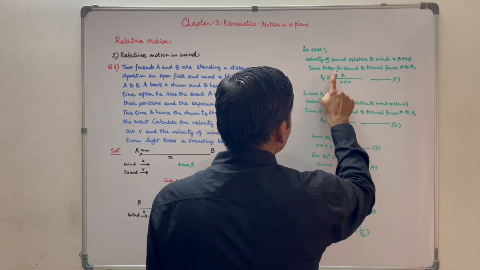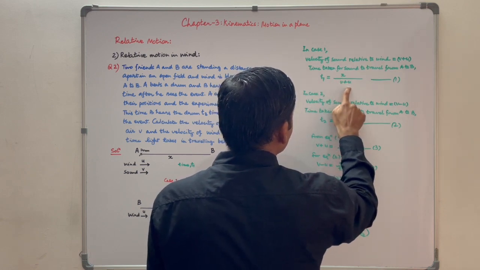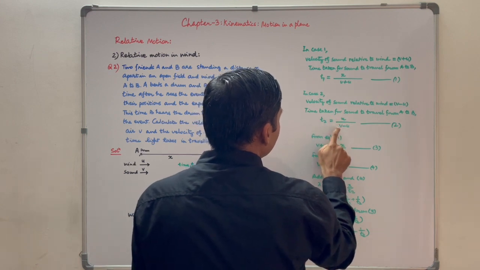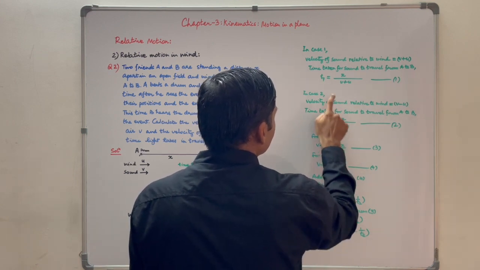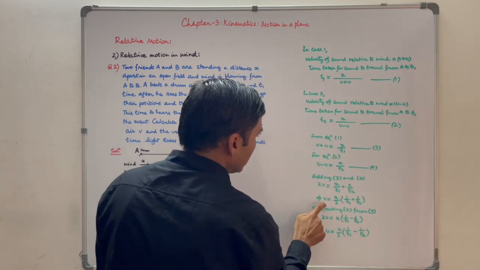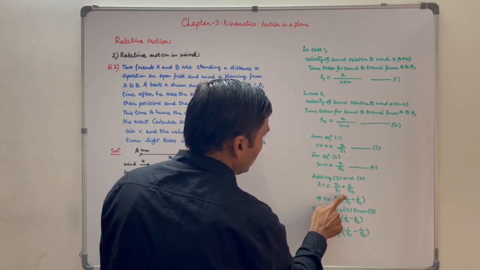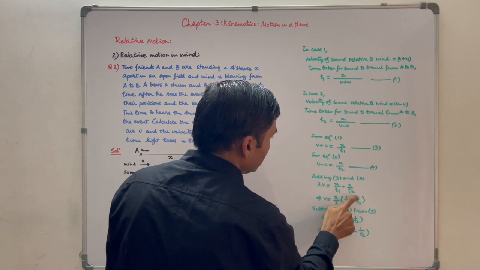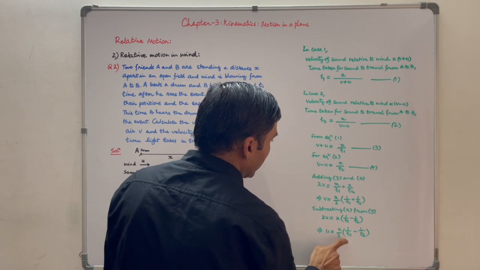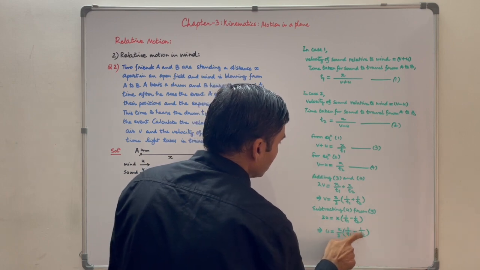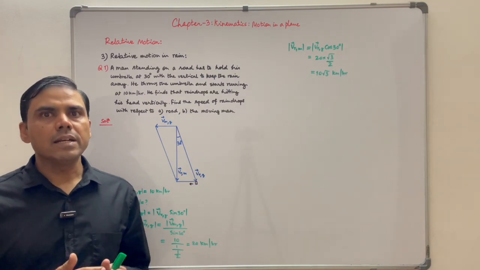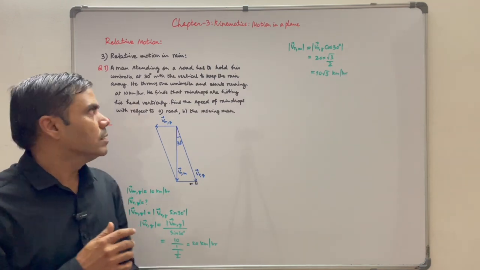So T1 is equal to x upon V plus U. In case 2, T2 will be equal to x upon V minus U. Now solving these two equations for V and U, V comes out to be x by 2 in bracket 1 by T1 plus 1 by T2, and U comes out to be x by 2 in bracket 1 by T1 minus 1 by T2.